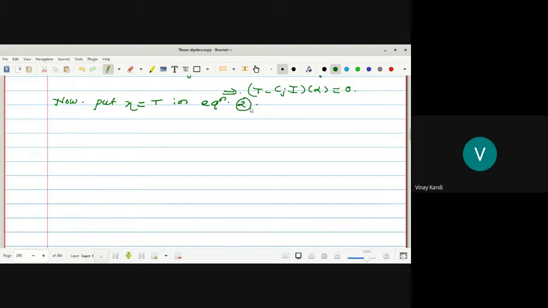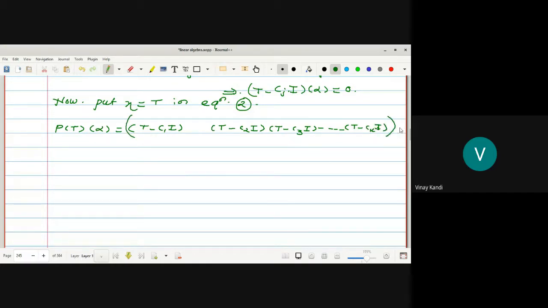So what do we get then? p of T of alpha is equal to T minus c1 I of alpha, into T minus c2 I, into T minus c3 I, up to so on, T minus ck I of alpha.